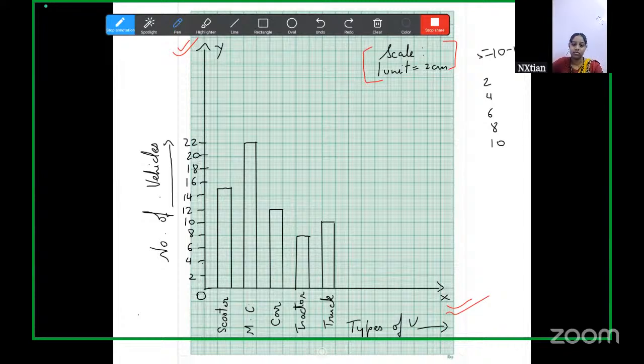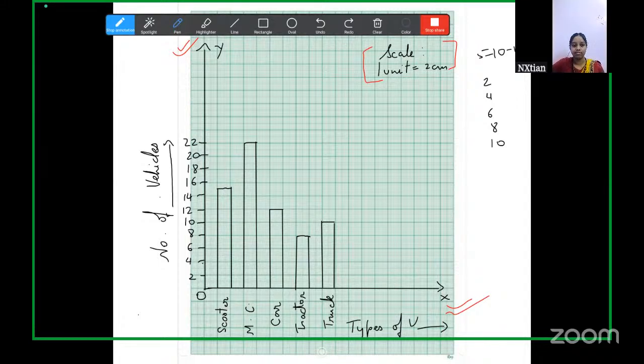What is the most widely used vehicle in this village? The most used vehicle is the motorcycle. Motorcycle, correct. Means they have the maximum number of motorcycles. And it can be asked how many tractors are there in the village? So we will answer 8 tractors.